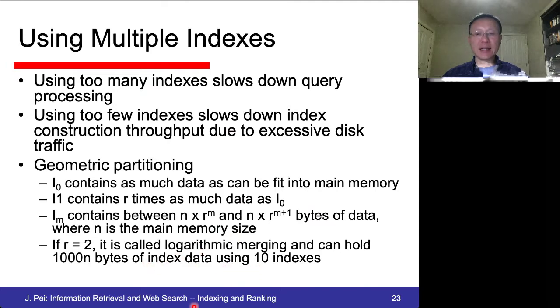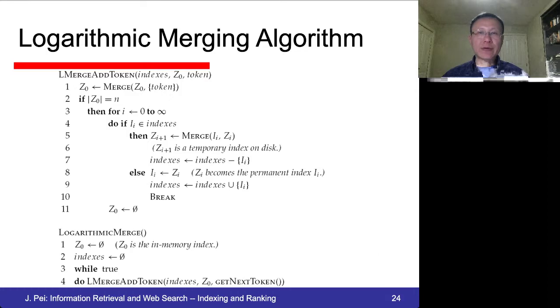Suppose we use 10 indexes. This is the algorithm of logarithmic merging. Essentially, you start with Z0, and you merge Z0 with a token. Then when Z0 meets the memory size, you try to load the index from I and get Z(i+1) to merge the indexes.